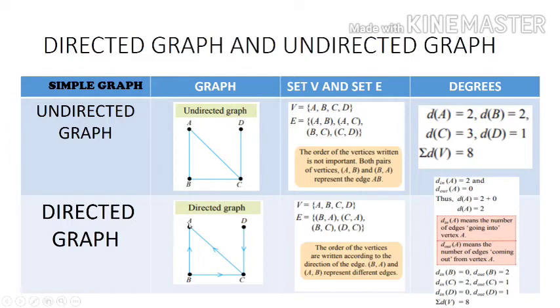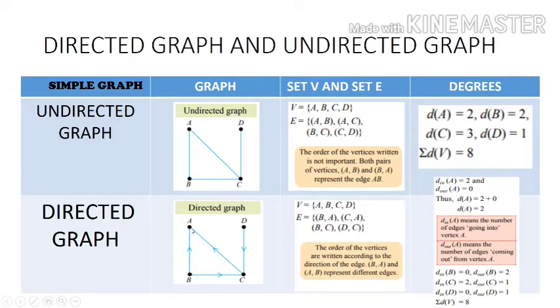For the directed graph, as you can see here, there are directions being assigned in the graph. For the set V is A, B, C, and D. For the set of edges, the order of the vertices is written according to the direction of the edge.